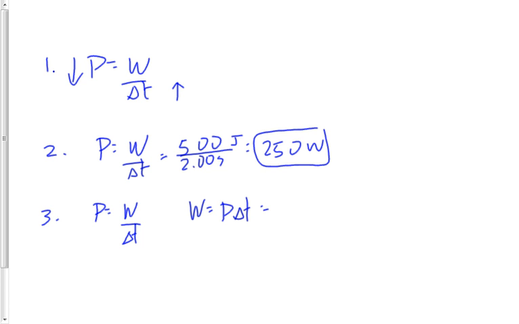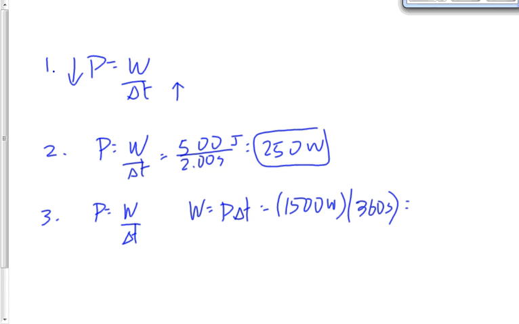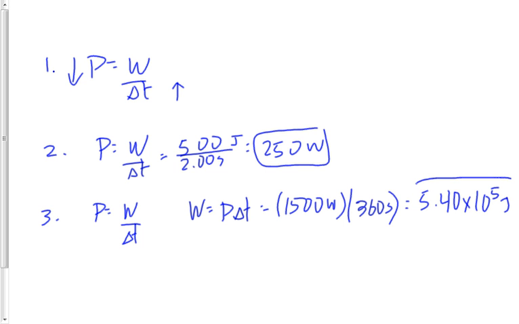So we're going to say it's 1500 watts times a time of 6 minutes, although we want to convert that 6 minutes to seconds. So that's going to be 360 seconds. How many digits should that be? 3 digits, 5.40 times 10 to the 5 joules.